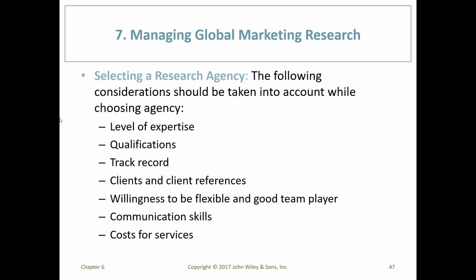So I want to look, do they have any specific qualifications? What's their track record? Can you give me client references? The fact they will work with me, they don't just have a fixed methodology and they do this regardless, have good communication skills, and how do they structure their costs?